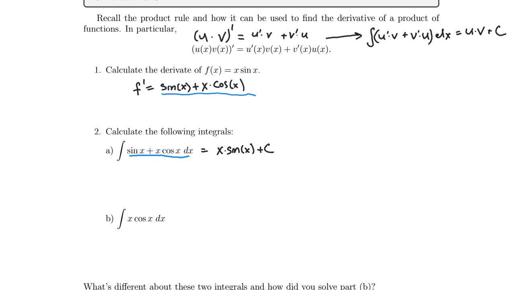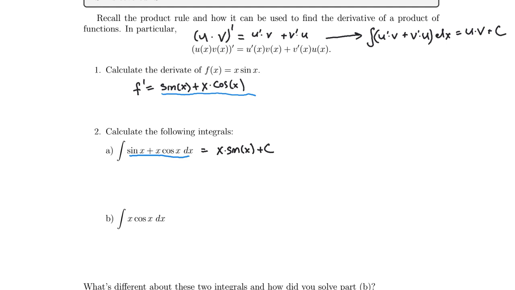This is sort of using the rule up here and the fact that we've calculated the derivative of x sine of x. So we get it immediately just by virtue of recognizing that it is the end result of a product rule.